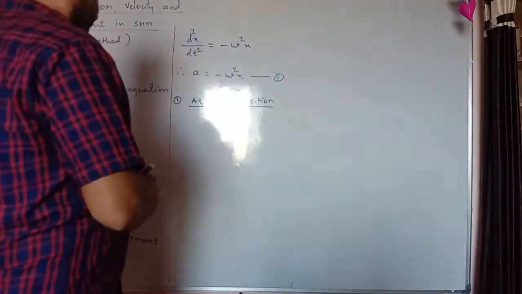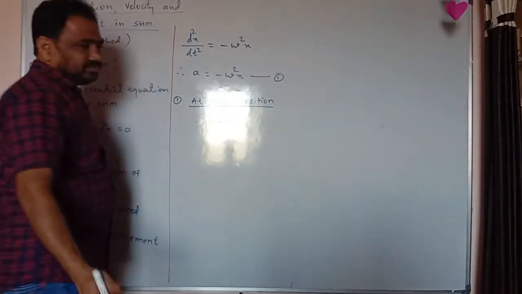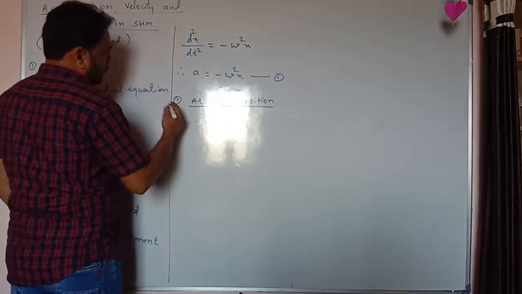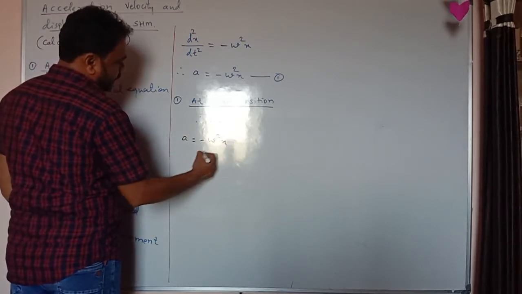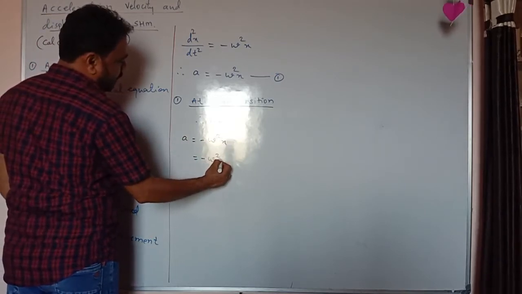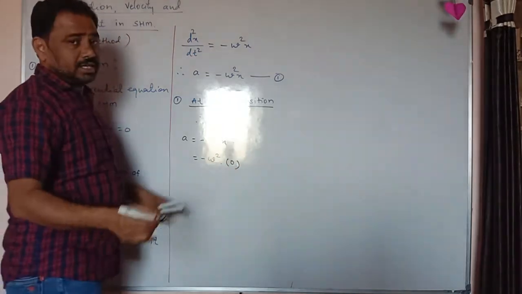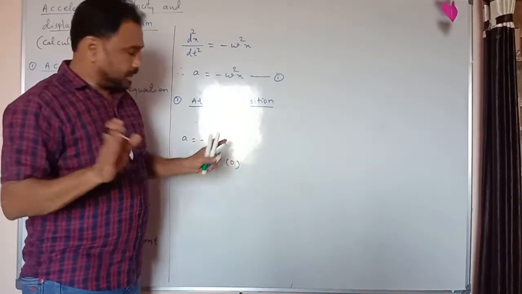At the mean position, the displacement x is equal to 0 because there is no displacement. That's why we use 0 here. Our main equation is acceleration is equal to minus omega square into x. Therefore minus omega square into x, with the displacement taken as 0, because at the mean position there is no displacement.